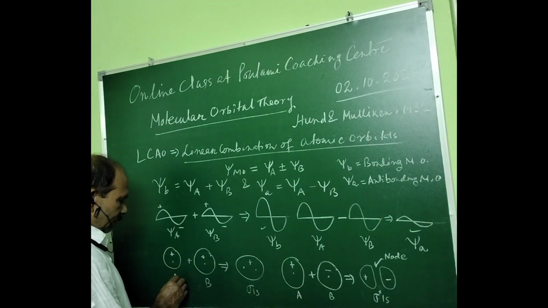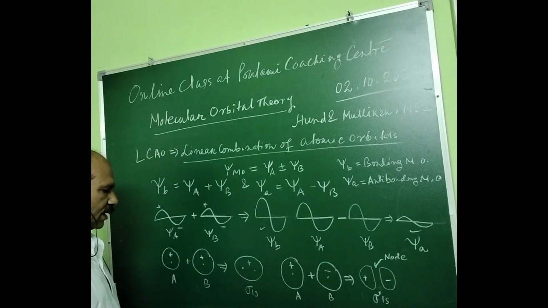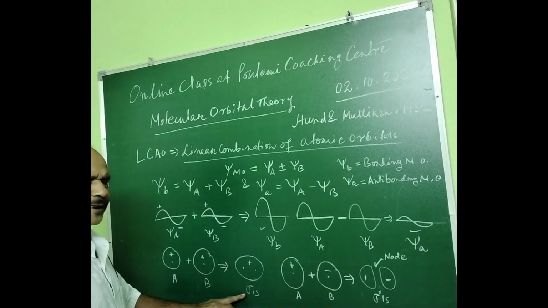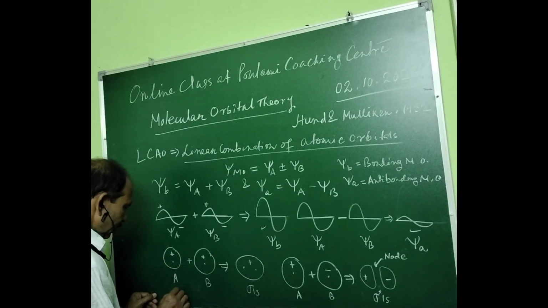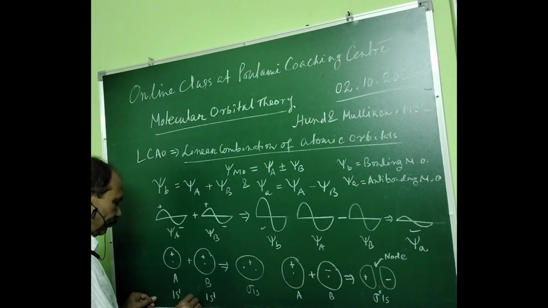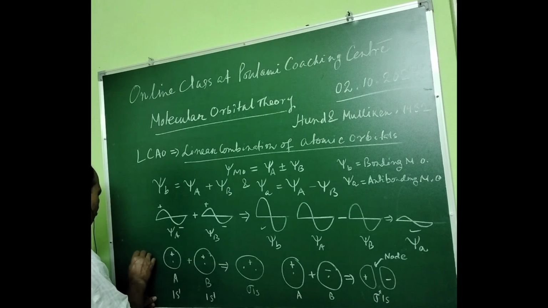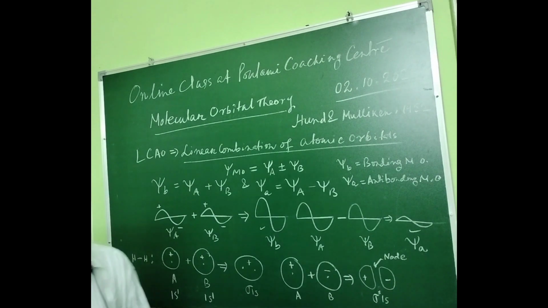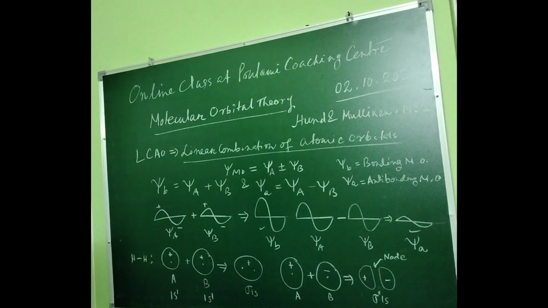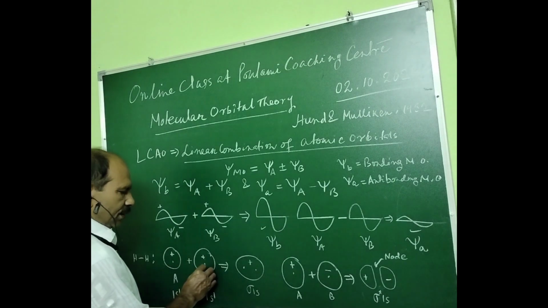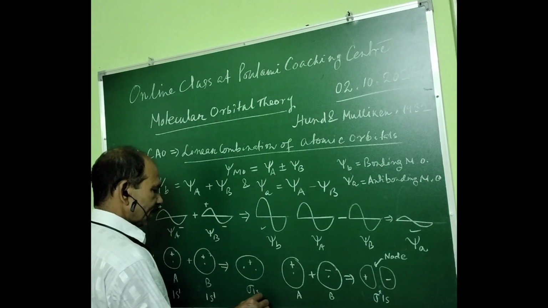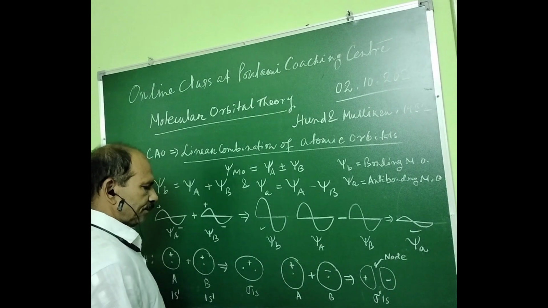When we add two atomic orbitals, we get sigma 1s. That means two 1s orbitals, this 1s1 and this 1s1 of the hydrogen atom. Considering the diatomic hydrogen molecule, A plus B equals sigma 1s, that is the bonding molecular orbital.